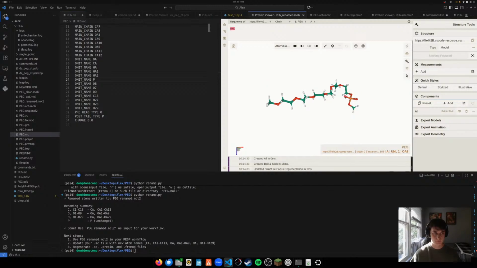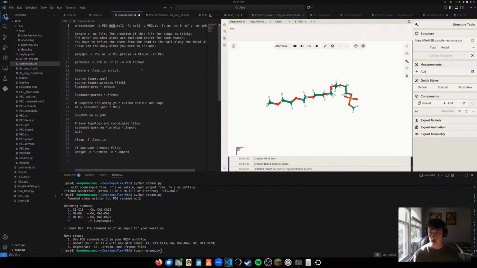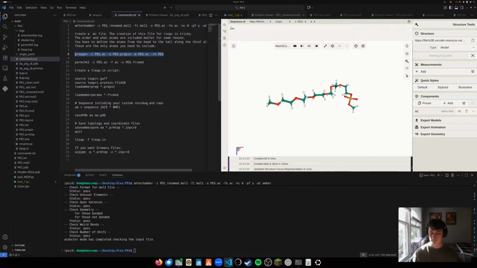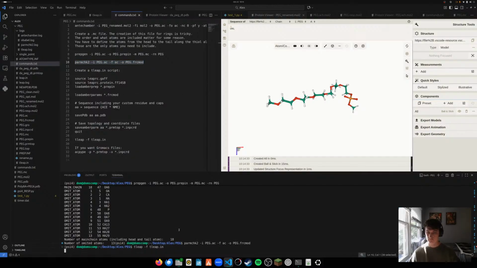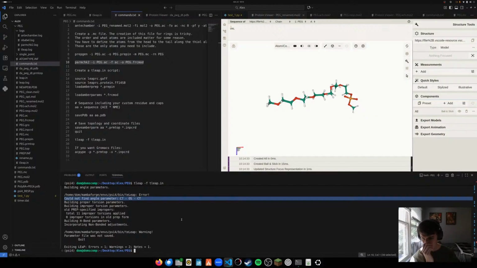P is still P. If this works, I will be shocked. Nope, still the same error.